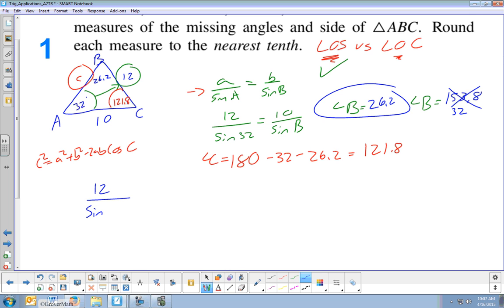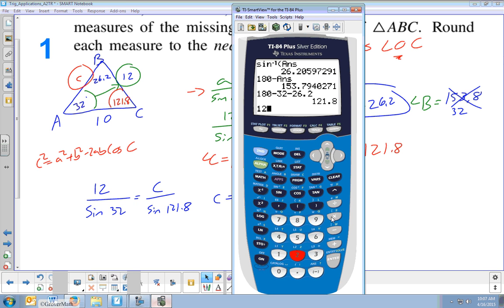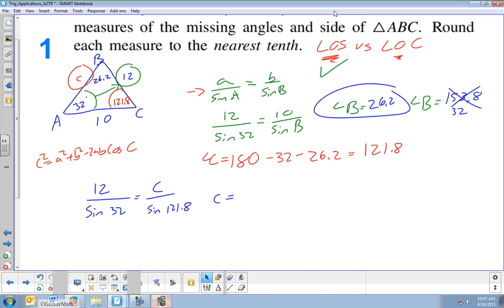12 over sine 32 equals side C over sine 121.8. And the calculator is going to do the rest of the work for me here. I'm going to cross multiply the 12 times sine 121.8, and that will be divided by sine 32, and rounding to the nearest tenth is 19.2.